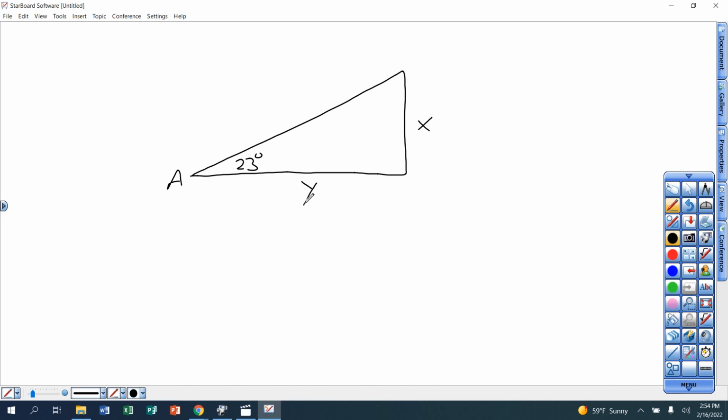Make this 10. All right, how about a trig one where you're using actual trig to find a length? I've got to make sure you know this.